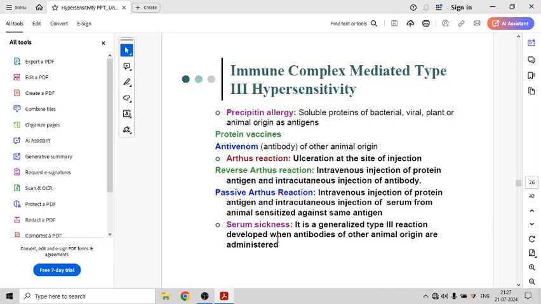The antivenom against snake venom is produced in horse, and a large amount of antivenom needs to be administered to a snake bite victim, because to neutralize the poison that has entered the body, a large amount of antivenom is required.